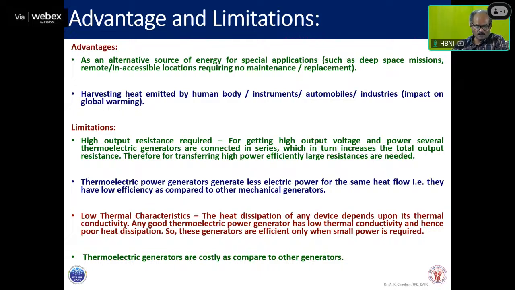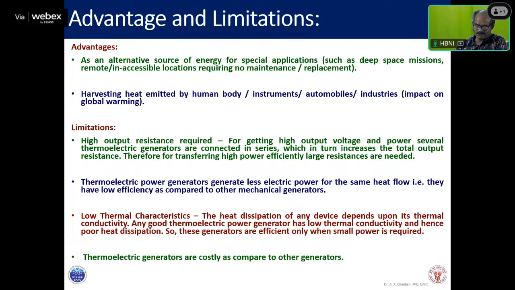and harvesting heat emitted by the human body, instruments, automobile industries, global warming, etc. That is, it doesn't have much impact on global warming. Like the human body also, because the human body is at nearly 37 degrees centigrade. So if you have a thermoelectric device which has a low operating temperature, or the temperature difference is near 5-10 degrees centigrade, you place that at your body.